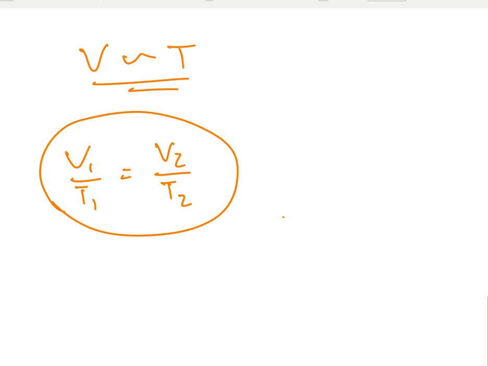Okay, so that concludes our discussion of Charles's law. In the next video, we are now going to explore the relationship involving amount and volume, and that's going to be the subject of Avogadro's law.